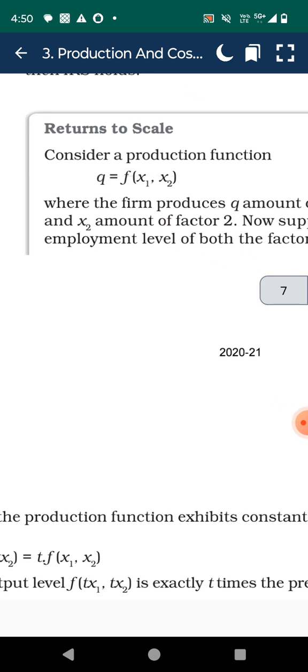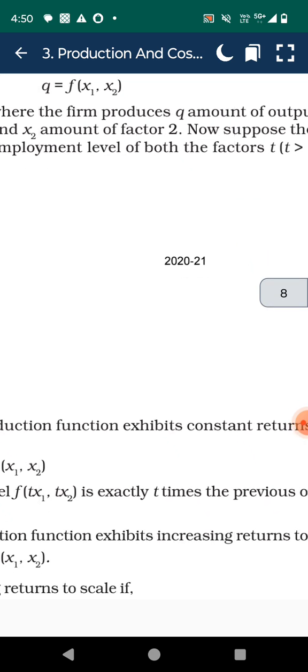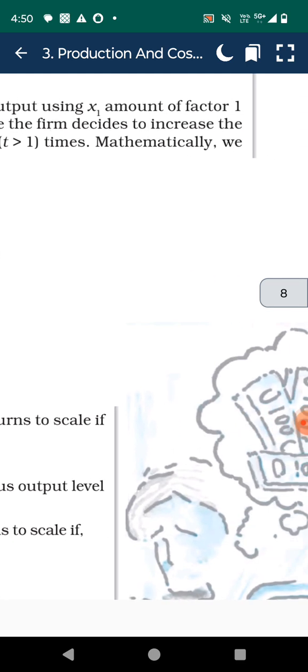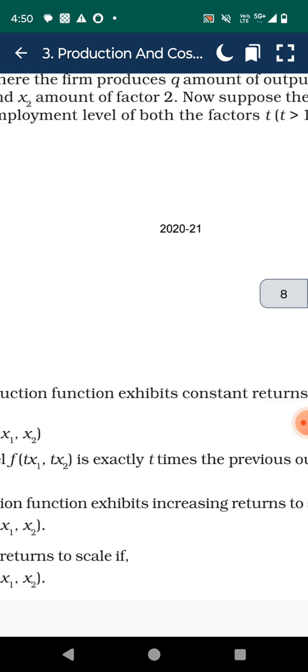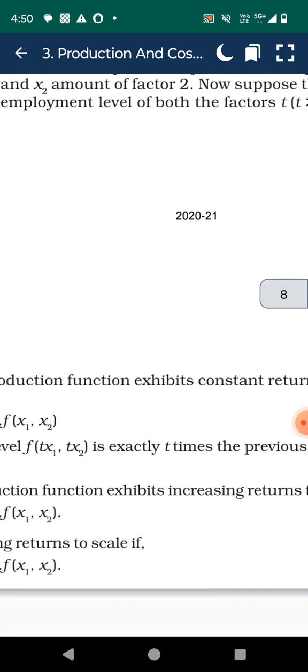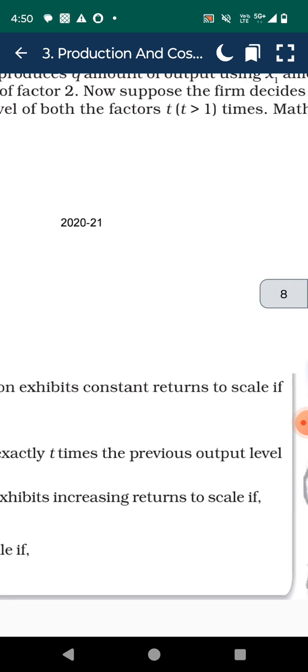Returns to scale. Consider a production function Q equals f of x1, x2, where the firm produces Q amount of output using x1 amount of factor 1 and x2 amount of factor 2. Now suppose the firm decides to increase the employment level of both factors t times, where t is greater than 1.